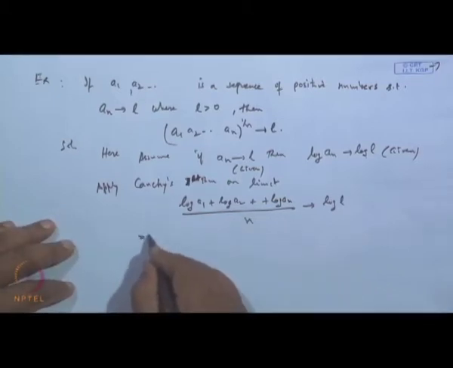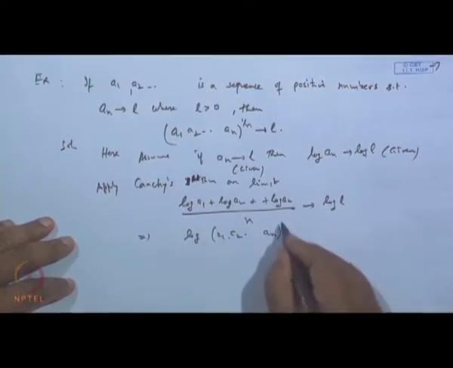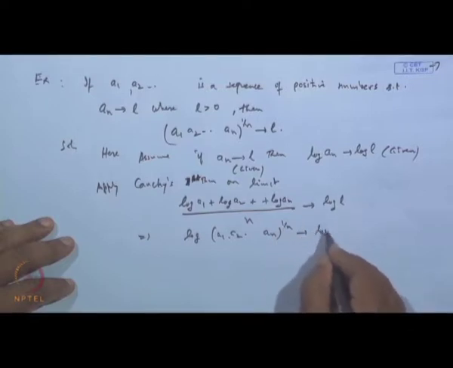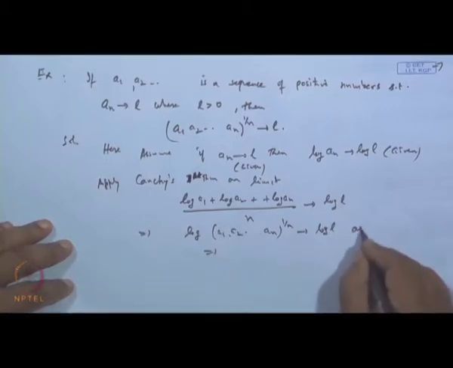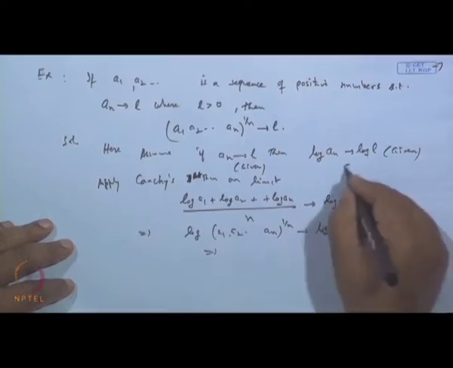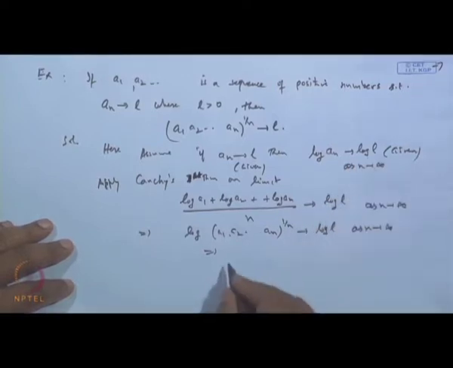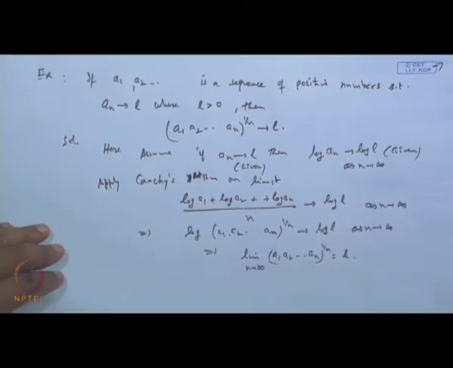But this sum is nothing but the log of (a1 a2 ... a n) raised to the power 1 by n, which will go to log L by the property of log. So this shows that as n tends to infinity, the limit of (a1 a2 ... a n) raised to the power 1 by n will be L, and that proves the result.